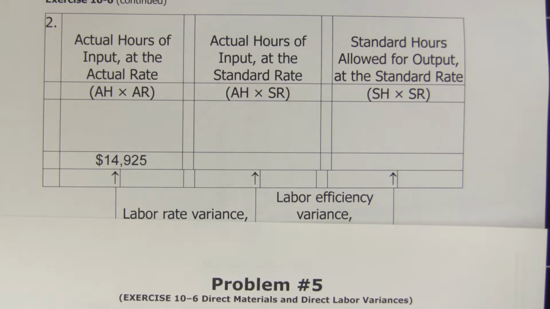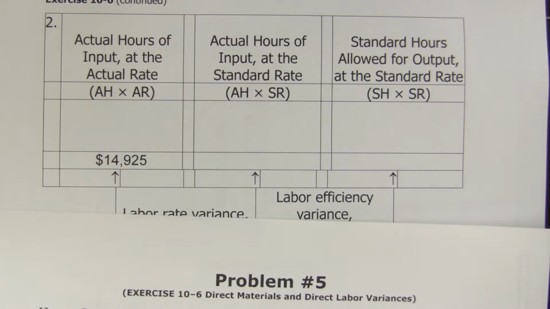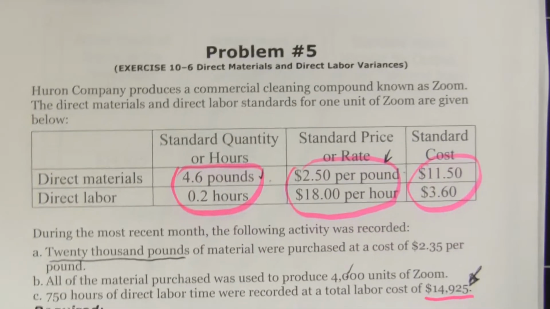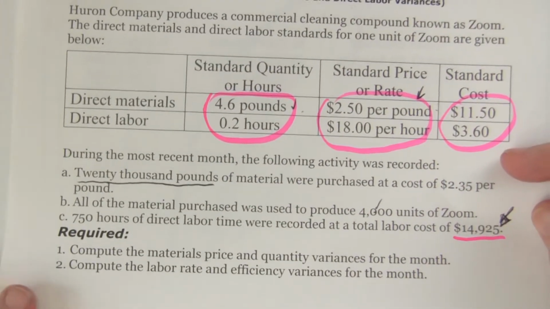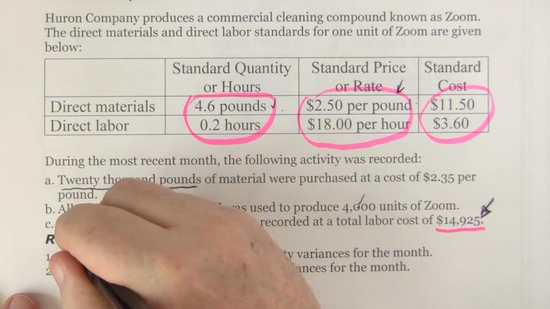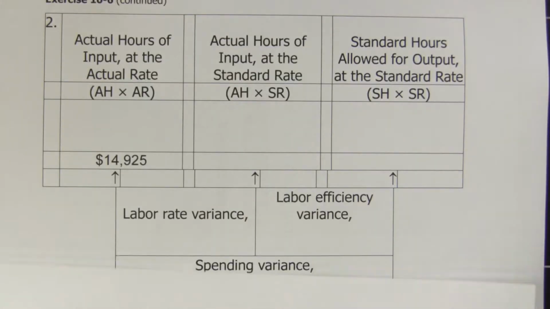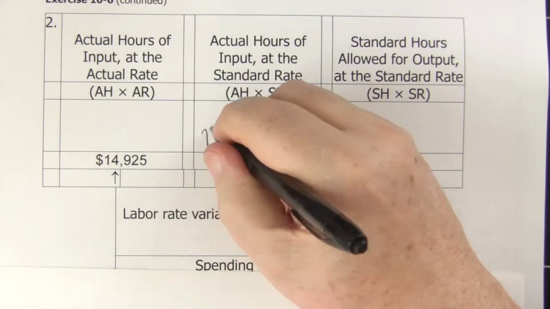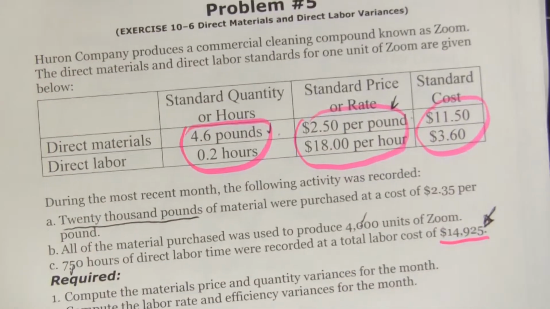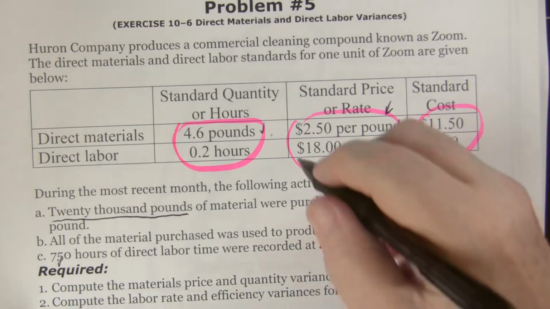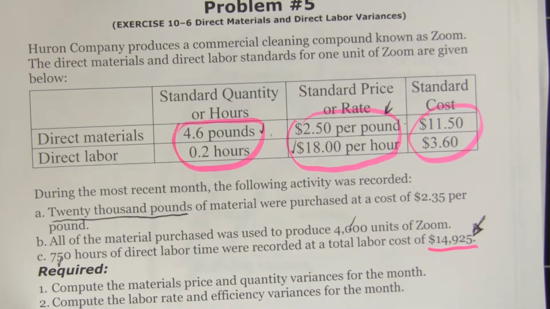So now let's look at the actual hours, because they tell us the actual hours. Again, you have to keep going back and checking the problem. 750 hours was the actual hours. And they give us the standard rate, what we expected to pay, $18 per hour.